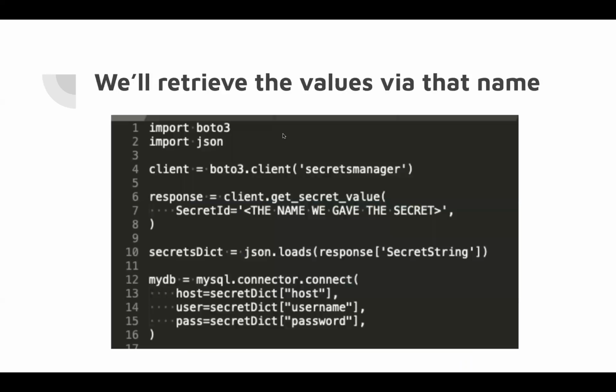So, Boto3 is an AWS library that we can use code from, basically. We want to create a JSON structure so we can retrieve this data. So we're going to create a client, which hooks things up using this argument, and we're going to call this get_secret_value method.